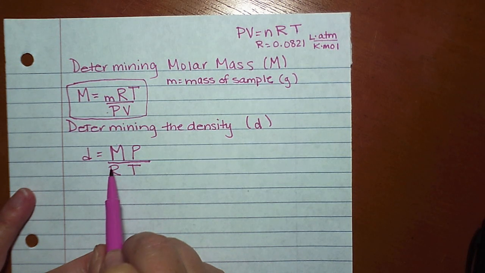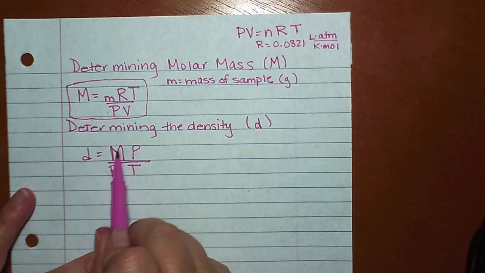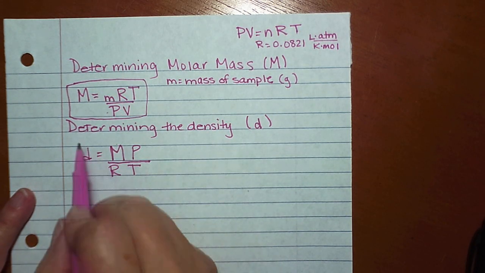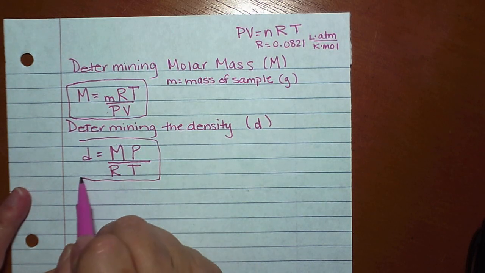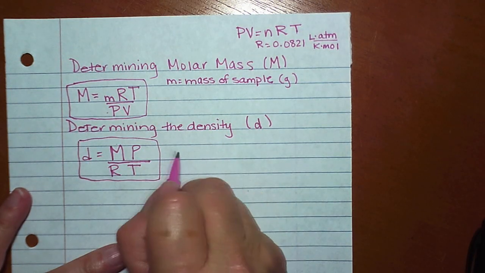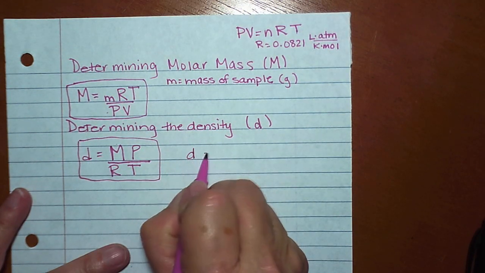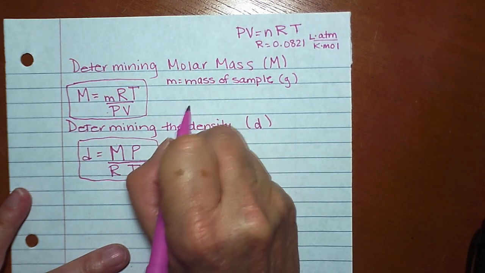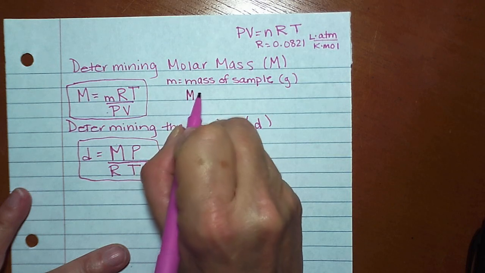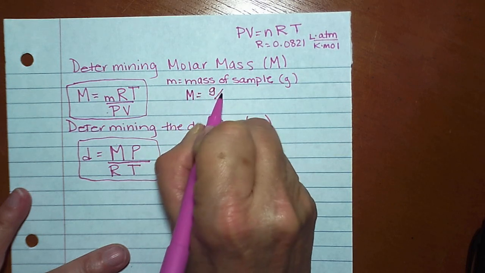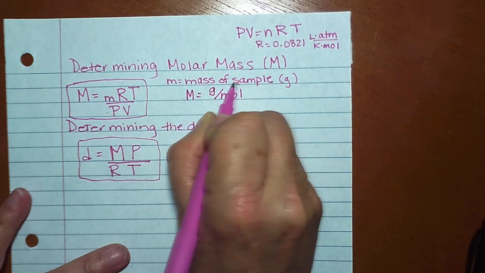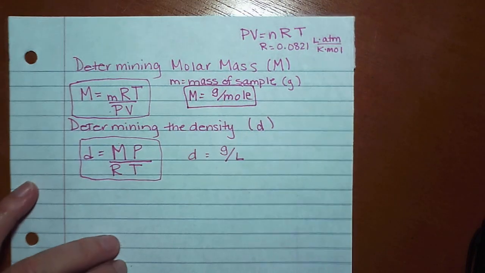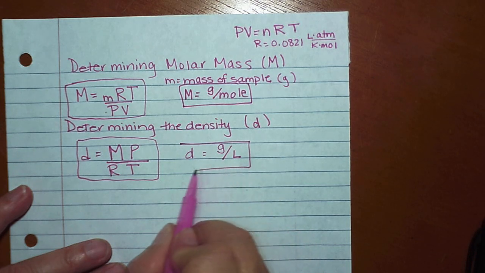So you're going to get grams per liter, which is your density. Meanwhile, your molar mass up here is going to be grams per mole.